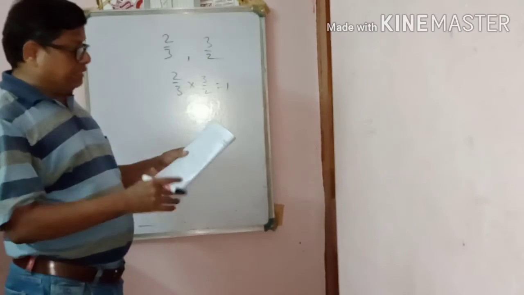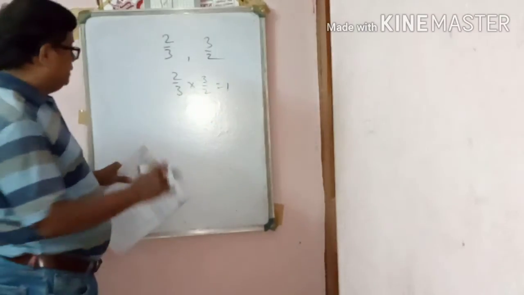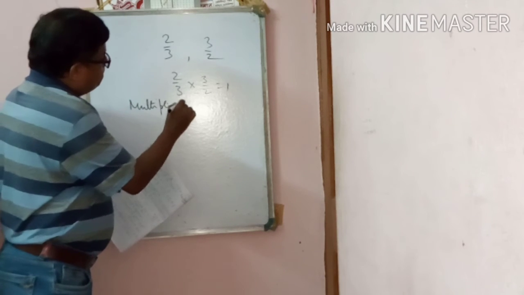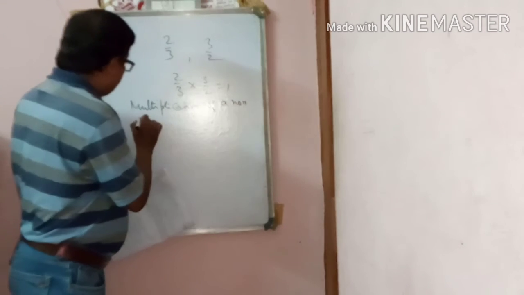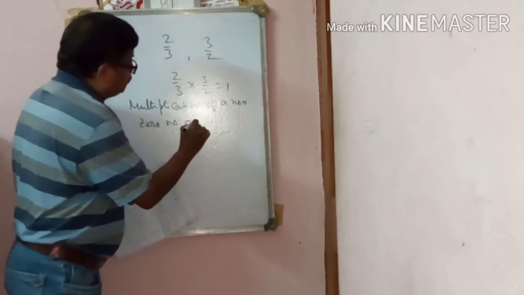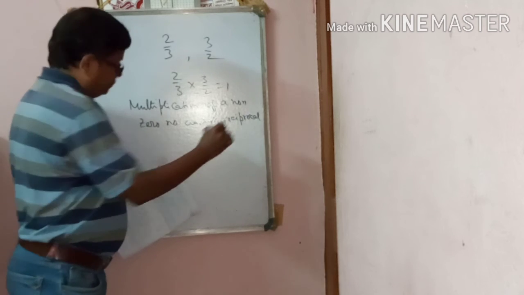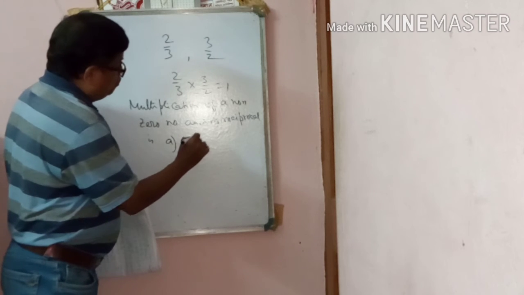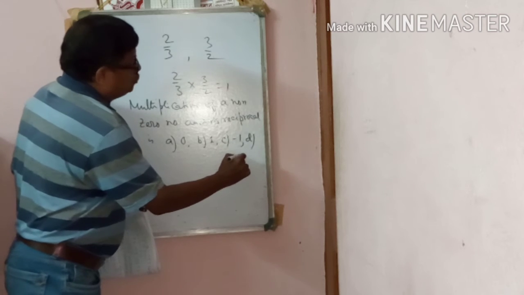So the question is: the multiplication of a non-zero number and its reciprocal is, A 0, B 1, C minus 1, D none of these.